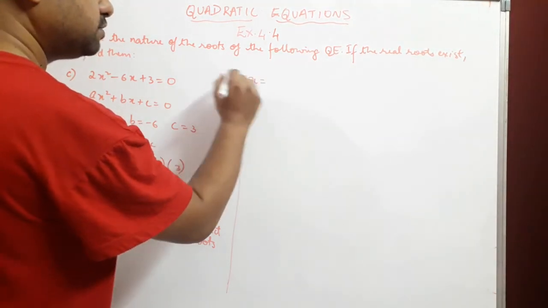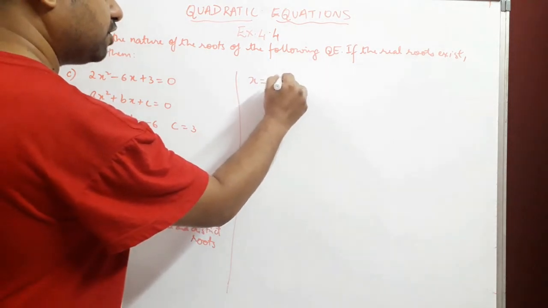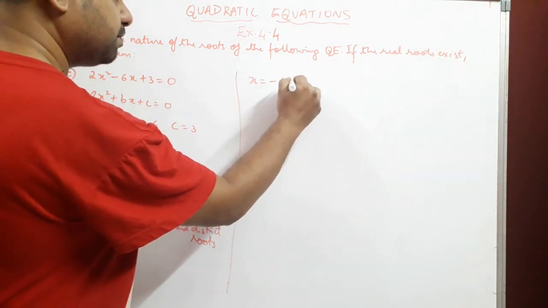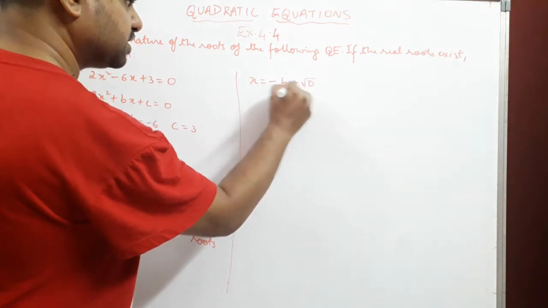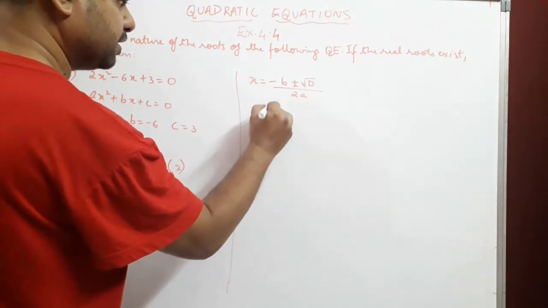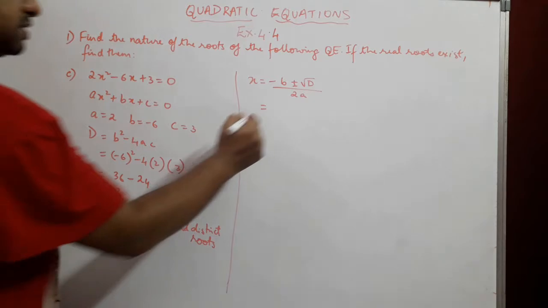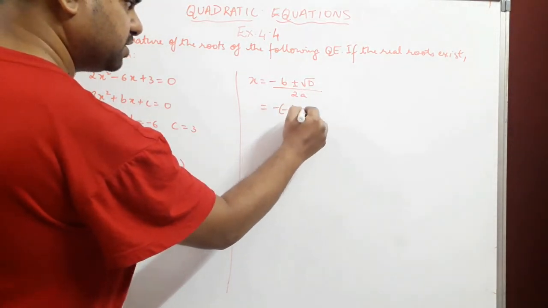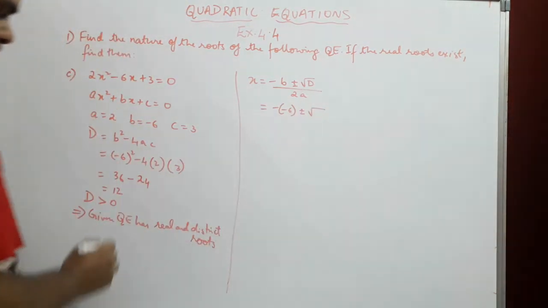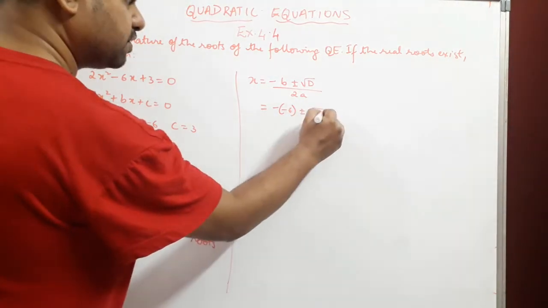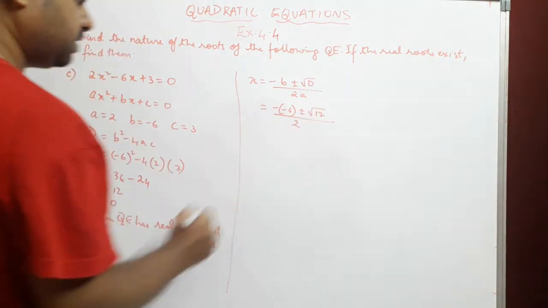Now to find the roots, we apply the quadratic formula, that is x equal to minus b plus or minus square root of discriminant whole thing upon 2a. b is minus 6, so we put minus 6 over here, plus or minus square root of d. d is 12 whole thing upon 2a.